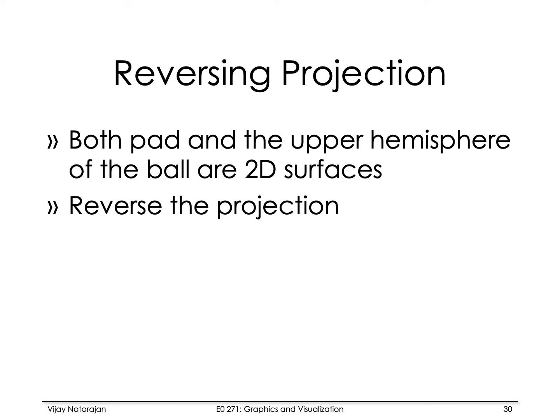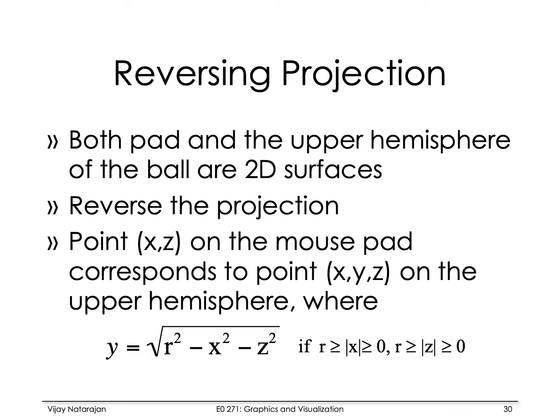So both the mouse pad and the upper part of the ball are 2D surfaces, right? So you can project points from the mouse pad to this surface and vice versa. You can reverse that projection also, right? So this is what we will do. We will take a point on the mouse pad XZ, and consider the point on the trackball that corresponds to this.